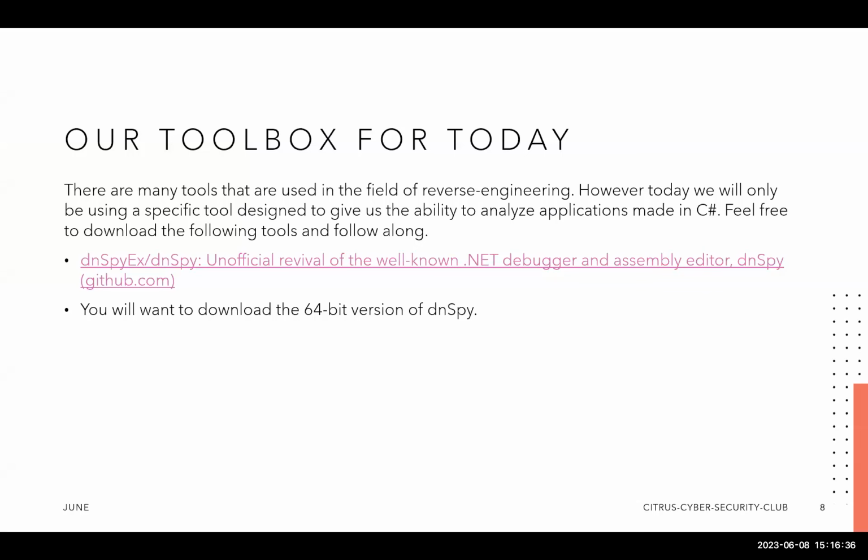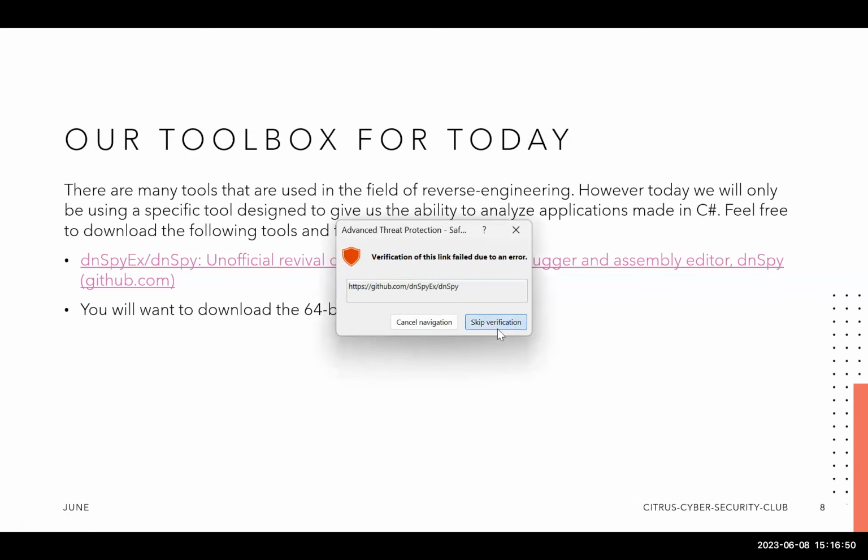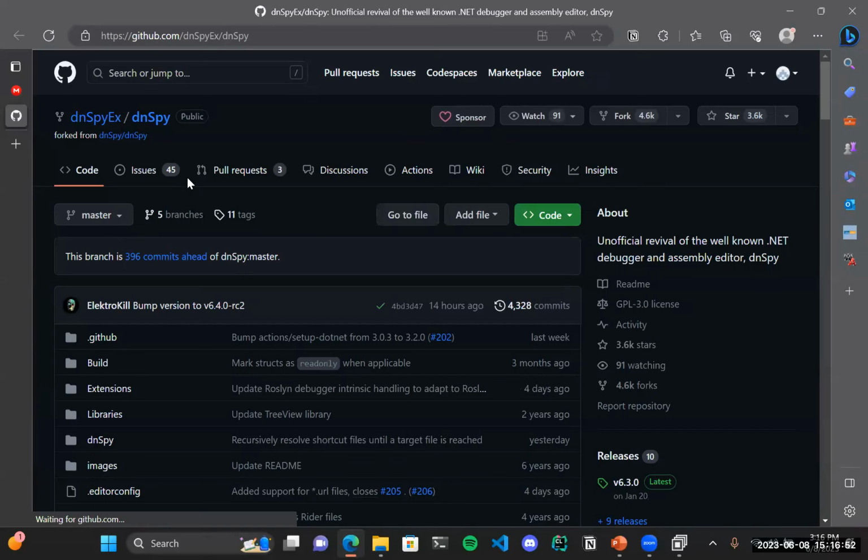So if you would like to follow along, I'll give you a chance to follow with me as I download the dnSpy program from GitHub. And here we will go to the link. So the link for this is, I'm going to write it up on the board, but if you're following on the Zoom, you can see it in the search bar.